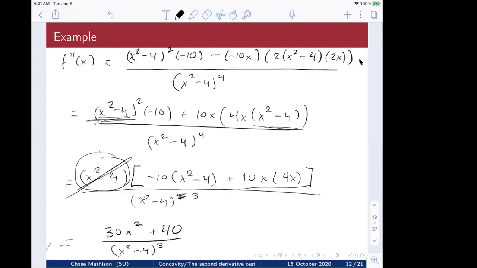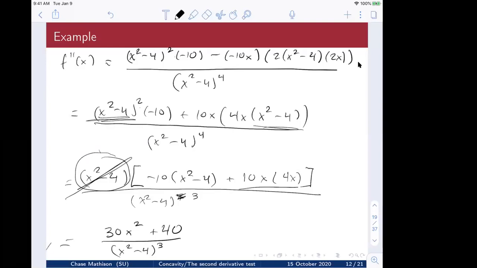Okay, any questions on this second derivative? Yes, I can see all chats, public and private.